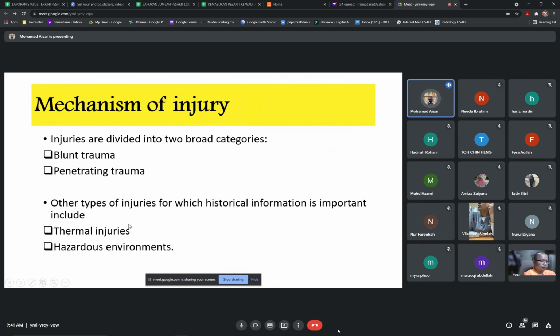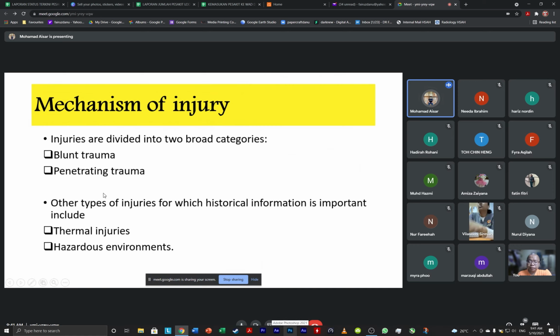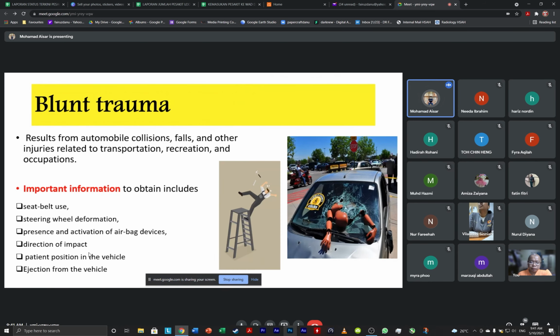So we move to the mechanism of injury. We can divide into two categories, either it is blunt or penetrating trauma. And other types of injuries that are also important include thermal and also hazardous environment. Blunt means without penetration. So it mainly results from a large fall and also motor vehicle accident.